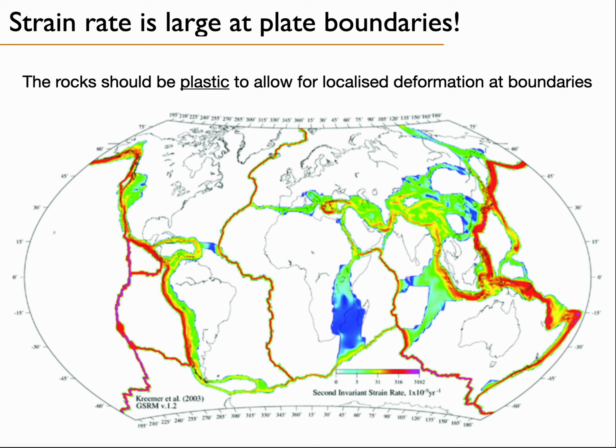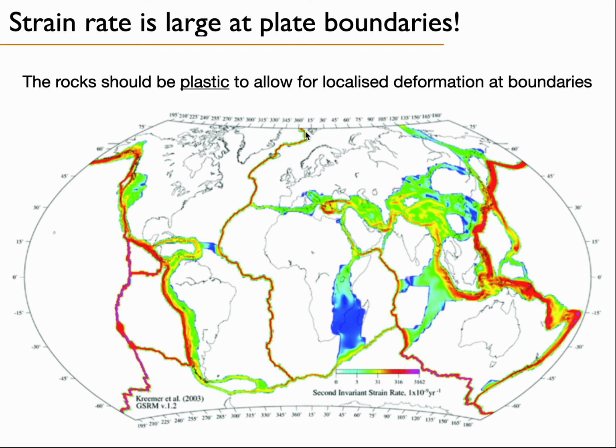So that's to show you now the map again. This is a quantification of the strain rate along plate boundaries and inside some of the continental domains here. You see that this is an important measurement.